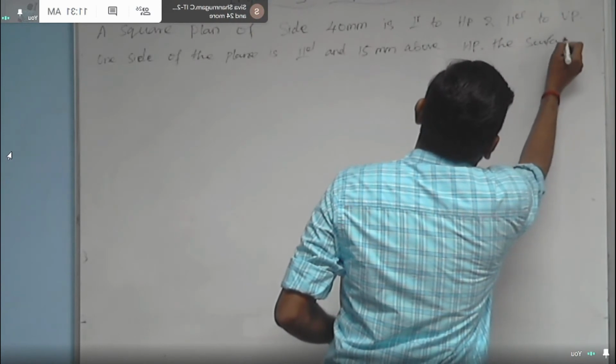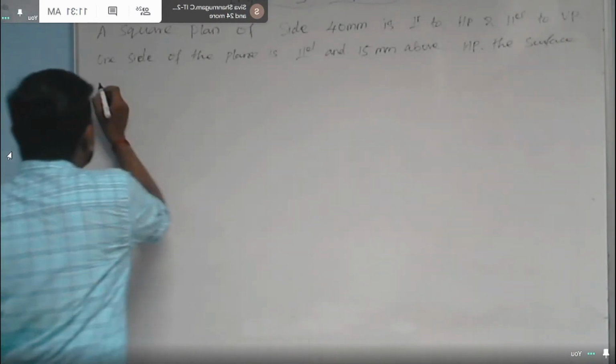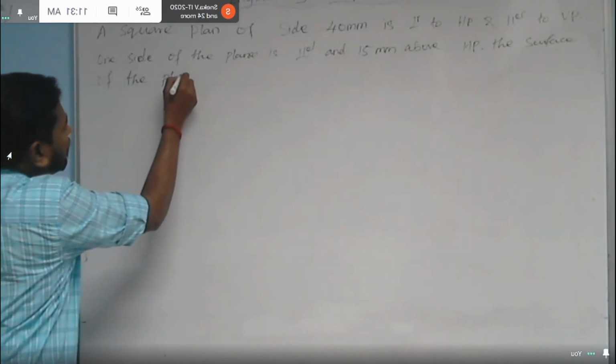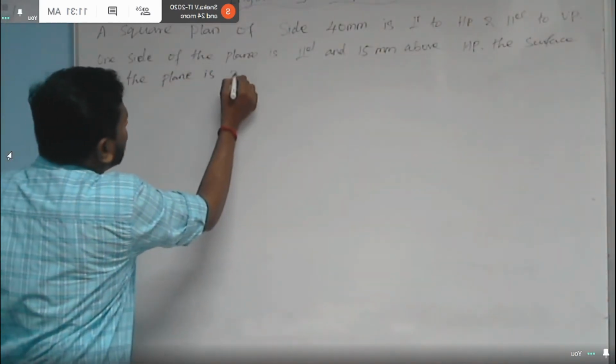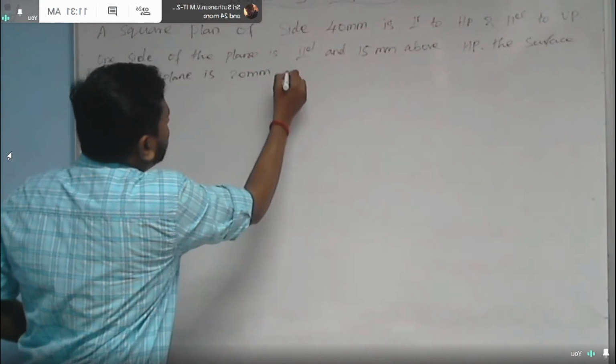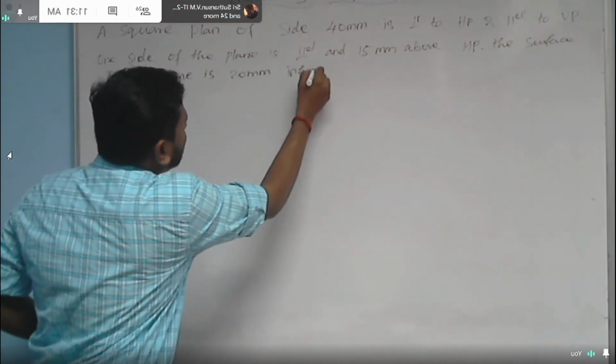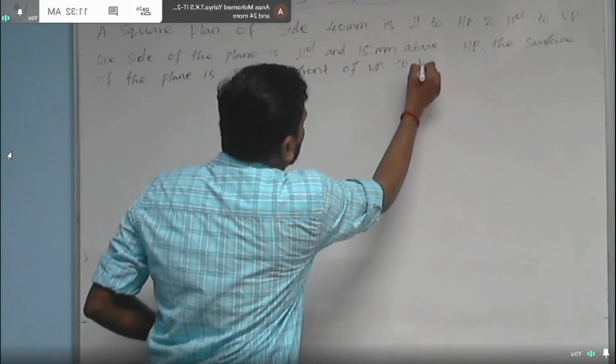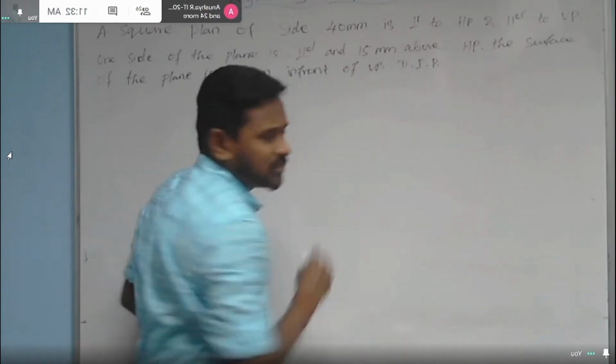The surface of the plane is 20 mm in front of VP. Draw its projections.